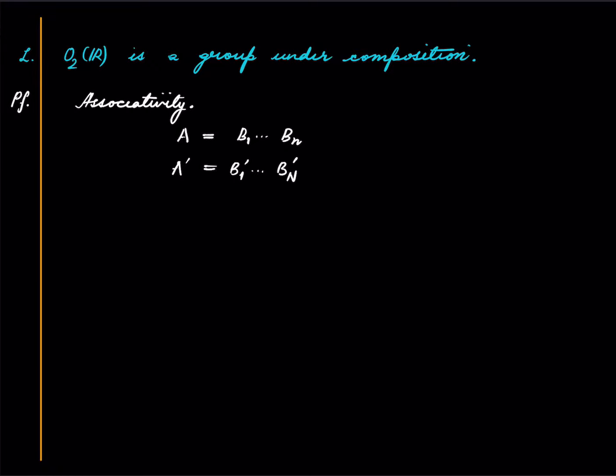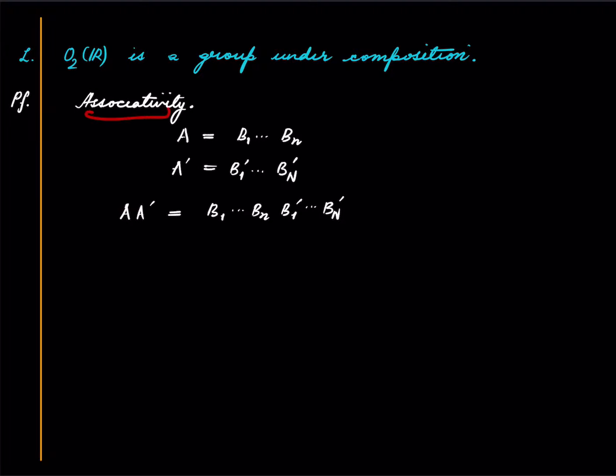Then what is A composed with A prime? This is nothing but B1 up to Bn, B1 prime up to BN prime, and each Bi and each Bi prime is a rotation or a reflection. So we have written this as a composition of finitely many rotations or reflections. So this is also lying in the set of all orthogonal transformations.